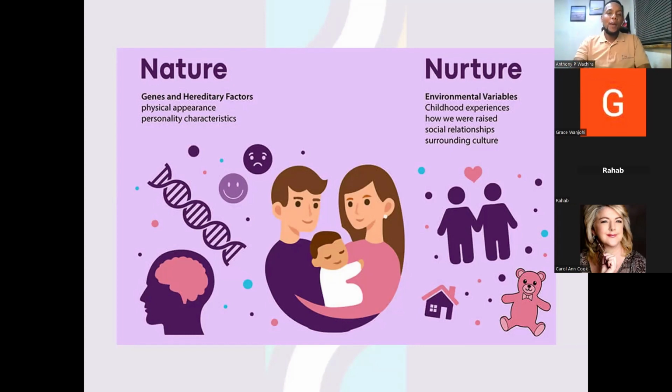So we are actually a product of nature because we were born a certain way. Our DNA is something that we may not change. We can't change a lot about our personality. There are some things that we can't change because we were born that way. We were given that. But we are also a product of nurture because we were brought up by parents. We were brought up in a society. We went to certain schools, and some schools have very strong cultures.